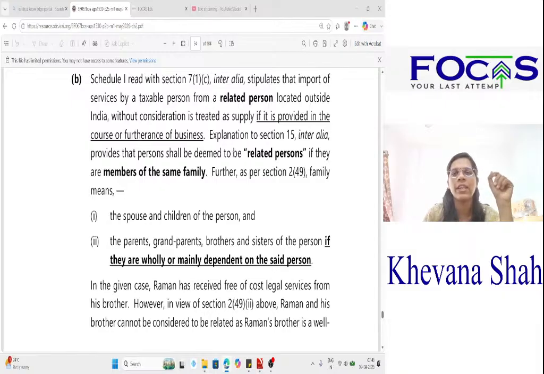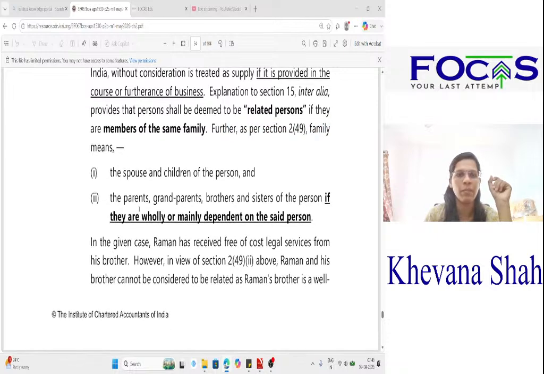Now, explanation to section 15 inter alia provides that persons shall be deemed to be related persons if they are members of the same family. Okay, and further, as per section 249, family means the spouse and children of that person. And see, spouse and children of the person will always be family, but the parents, grandparents, brothers and sisters of the person, only if they are wholly or mainly dependent on the said person.